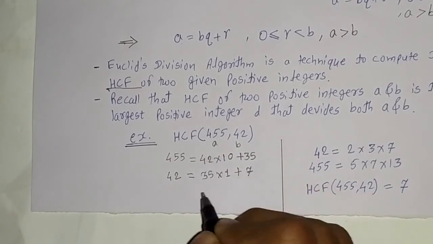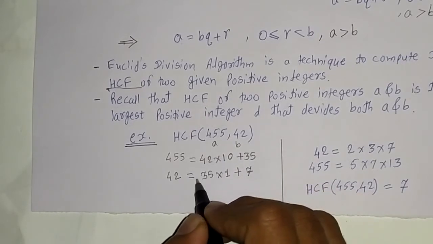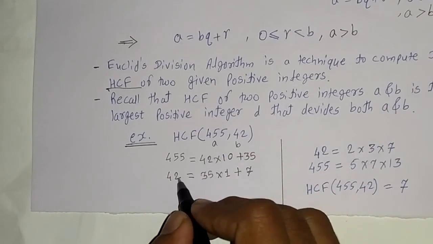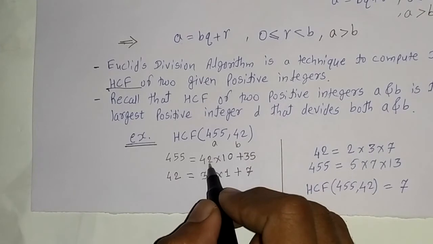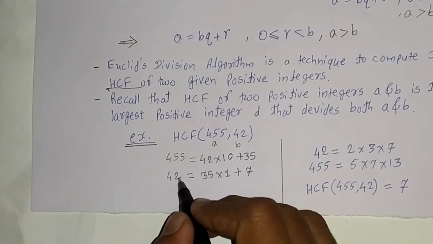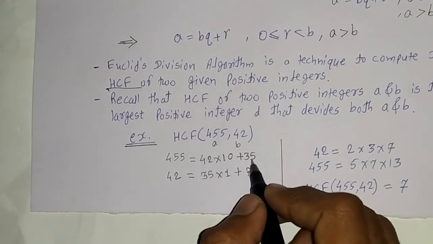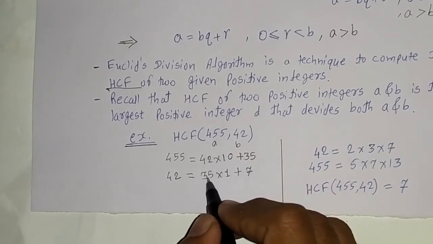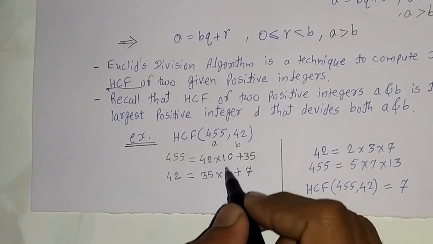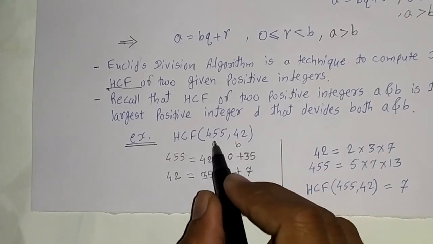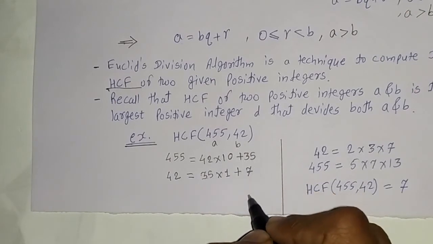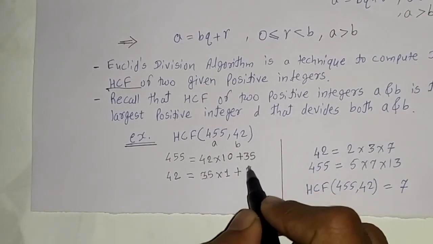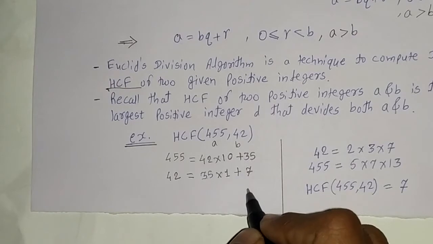It will be 7. So in second step we have taken the divisor of previous step as dividend. So divisor of previous step becomes dividend and remainder becomes divisor. This is the way to apply this theorem to find the HCF of given two numbers, and we have to keep on applying this theorem until the value of remainder is 0.